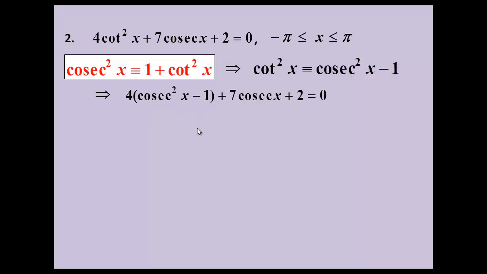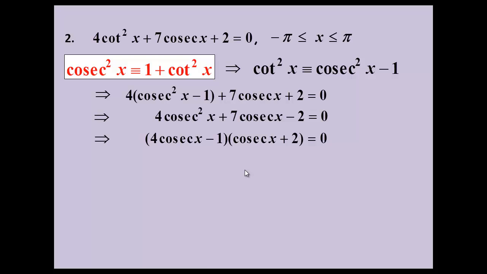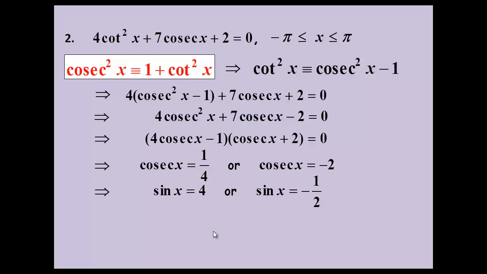And remember to bracket what we sub in, multiply out the bracket, tidy it up, factorise it or use equation solver or G-solve on the calculator, whatever you're more comfortable with. This time we get 1/4 and minus 2 as our cosec answers. Cosec's 1 over sine, so we flip the fractions to get the sine values.